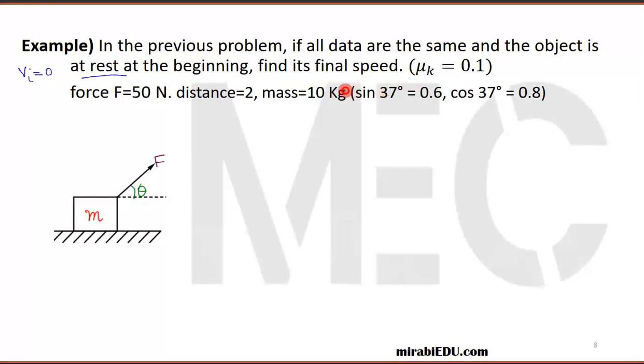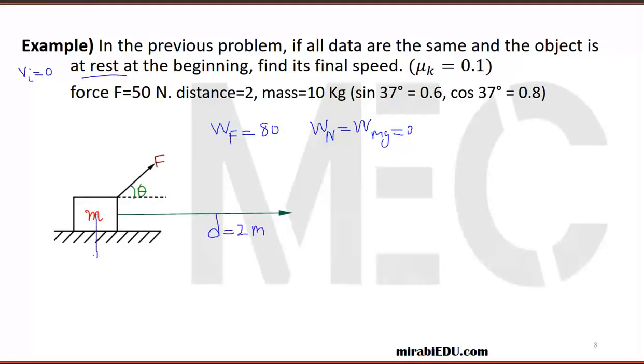So in the previous problem, we found the work of F to be 80. We found the work of the normal force and the work due to gravity to be 0, because the displacement in that problem was 2 meters to the right.